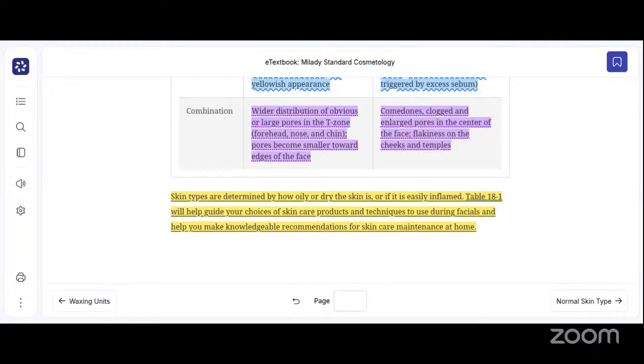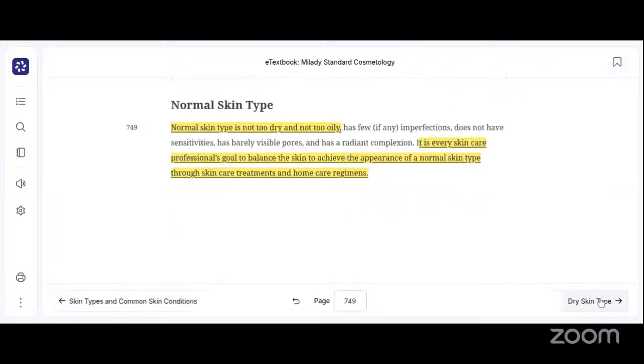Any of these skin types can have sensitive skin, but sensitive skin is not a skin type. So it's good to make sure you're up to date on all of your information as we go in to prepare ourselves to learn about facials and to really operate in an aesthetics slash hairstylist place.